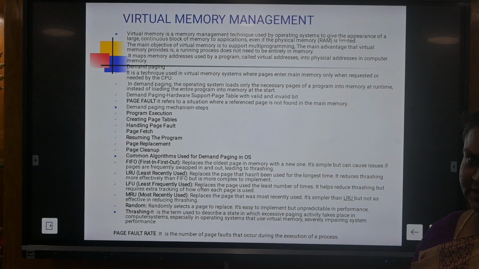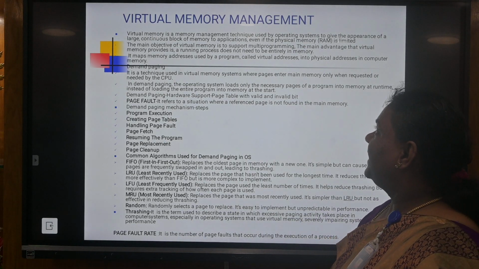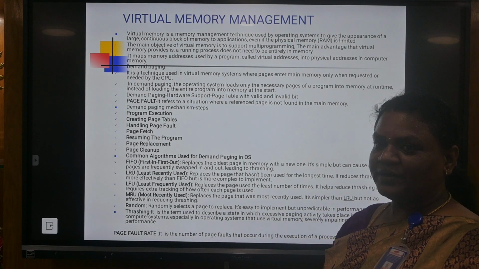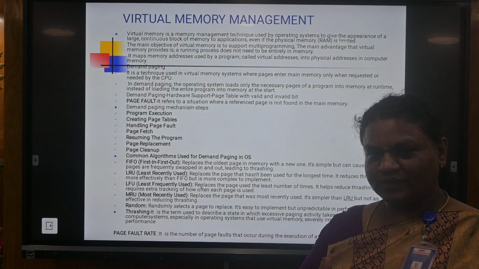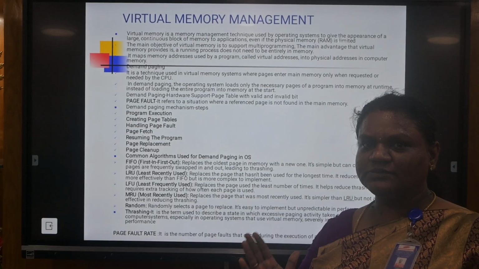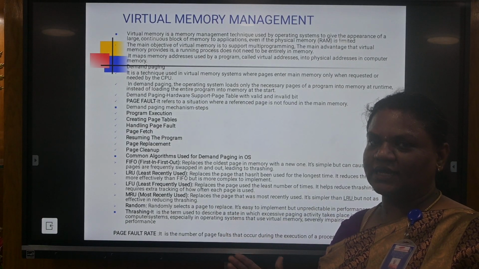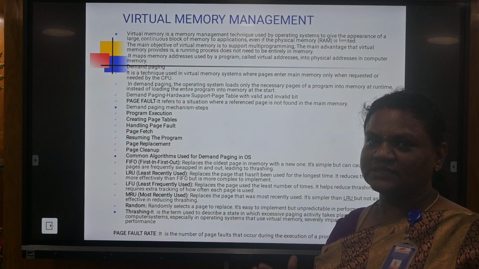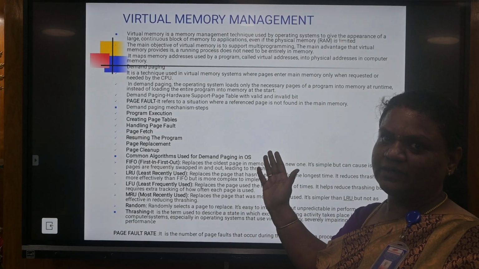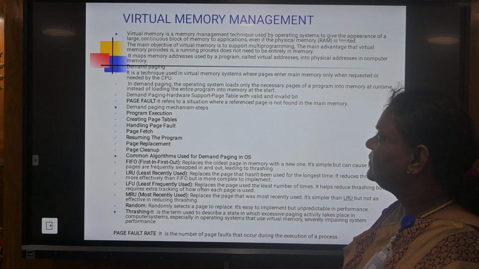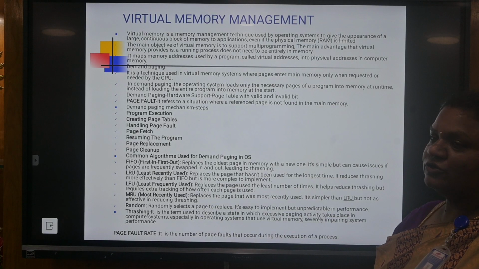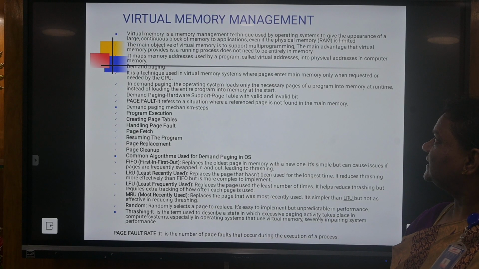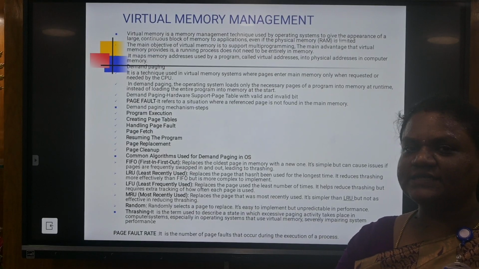Virtual memory management is a memory management technique used by the OS to give the appearance of a large continuous block of memory to applications when the physical memory space is really small. Actually the space is not available, but it gives the appearance that the space is available. Demand paging is a technique used in virtual memory systems where pages enter main memory only when requested.